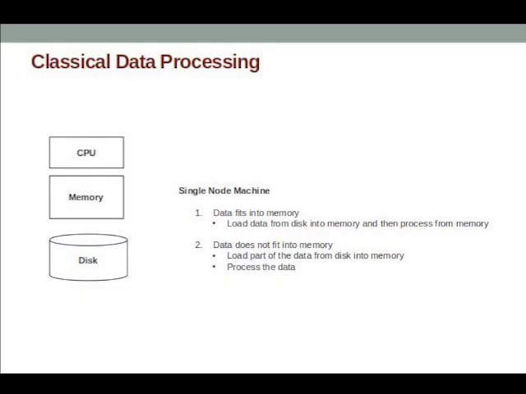We should observe here that the initial data is small enough to fit into memory and small enough to accompany within the disk. Here memory refers to the primary memory, which in most cases is in the order of 4 to 8 GB.